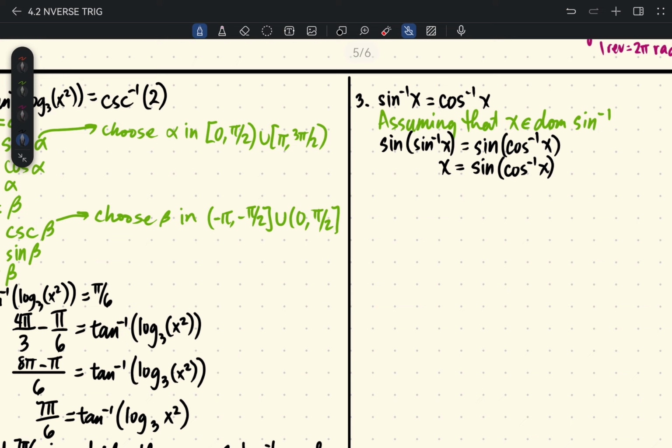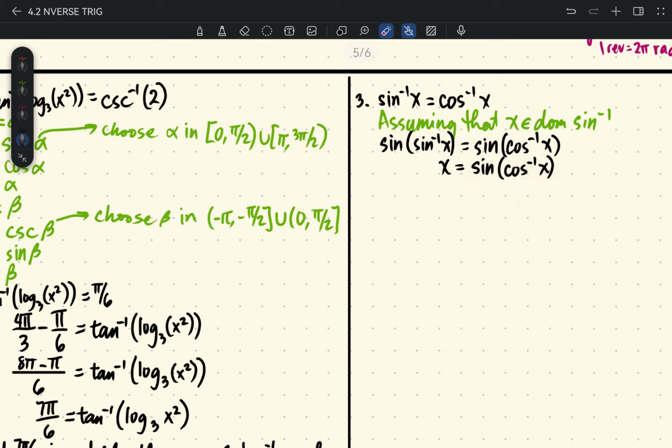This one right here, it's somewhat easier. However, we still have a problem. You have an x here, and you have an x here. Furthermore, you have the composition of a trigonometric function and an inverse trigonometric function.